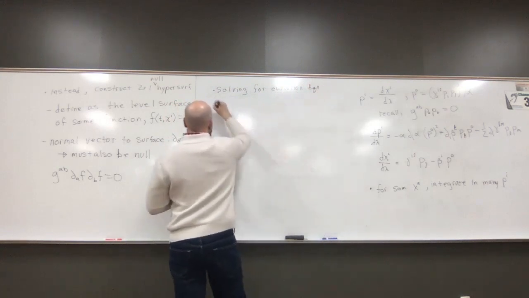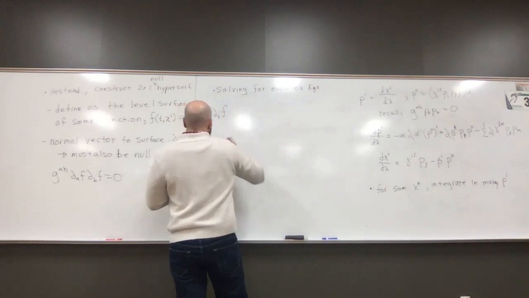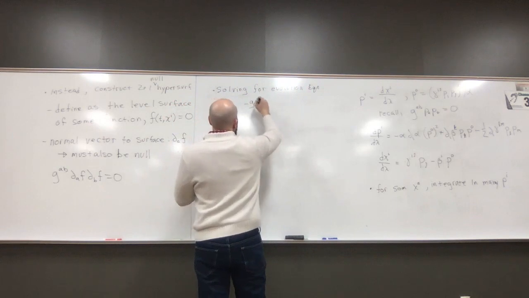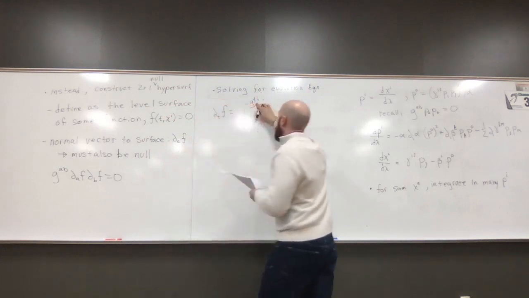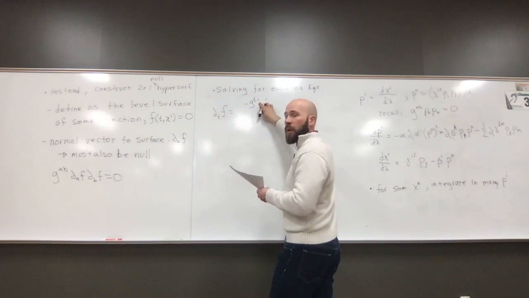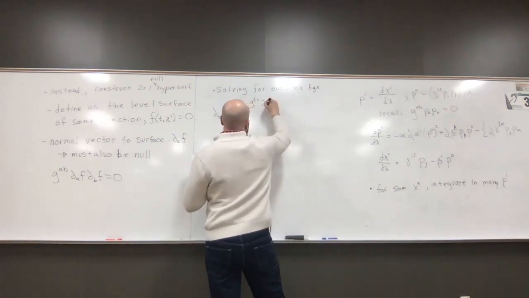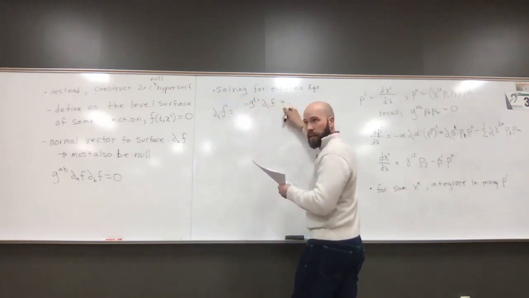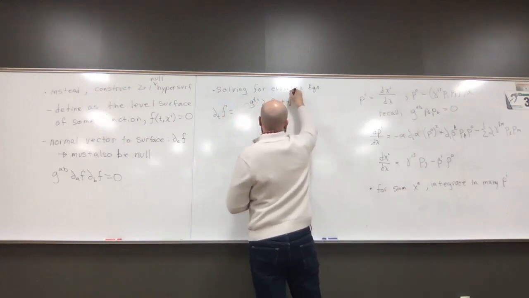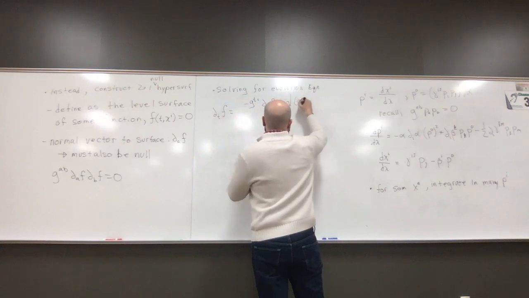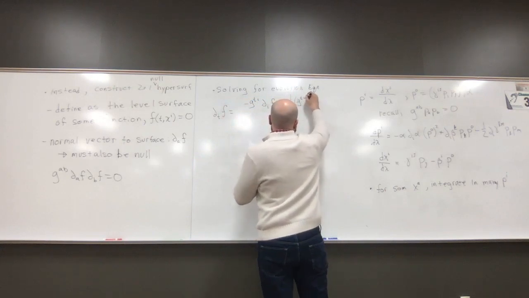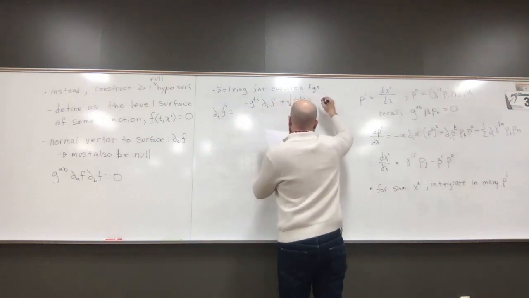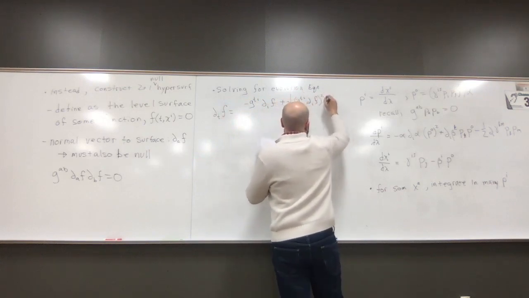I get, when I select that positive root, partial with respect to time f is equal to minus g upstairs ti, so the time component and then the spatial components of the metric, the 4 metric, partial with respect to i of f, plus, here's where I selected the positive rather than the negative, square root of g upstairs ti, partial with respect to i of f, all that squared.